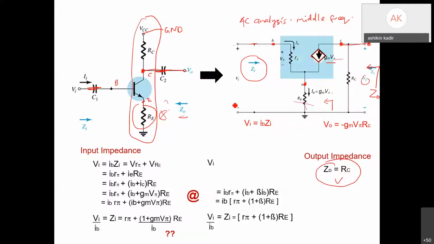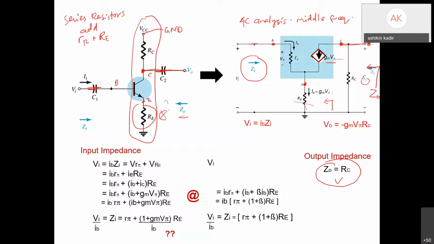And then for Zi, it is r pi and RE. Are r pi and RE in series or parallel? Series. In normal conditions, you can just add series resistors, so you add r pi plus RE. But in this case, you cannot directly add.